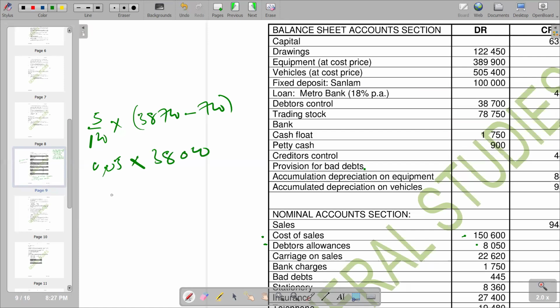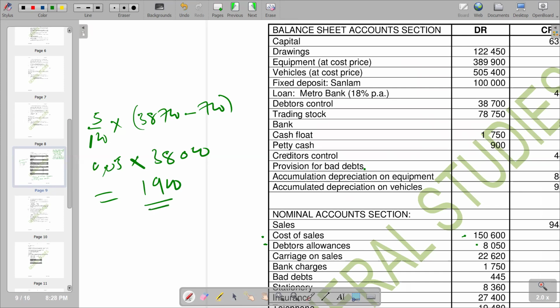We try to see what exactly we get there. So you say 0.05, then you multiply by 38,000, and you're going to get your 1,900. So it means we have got 1,900 as the level of provision for bad debts for the current period.